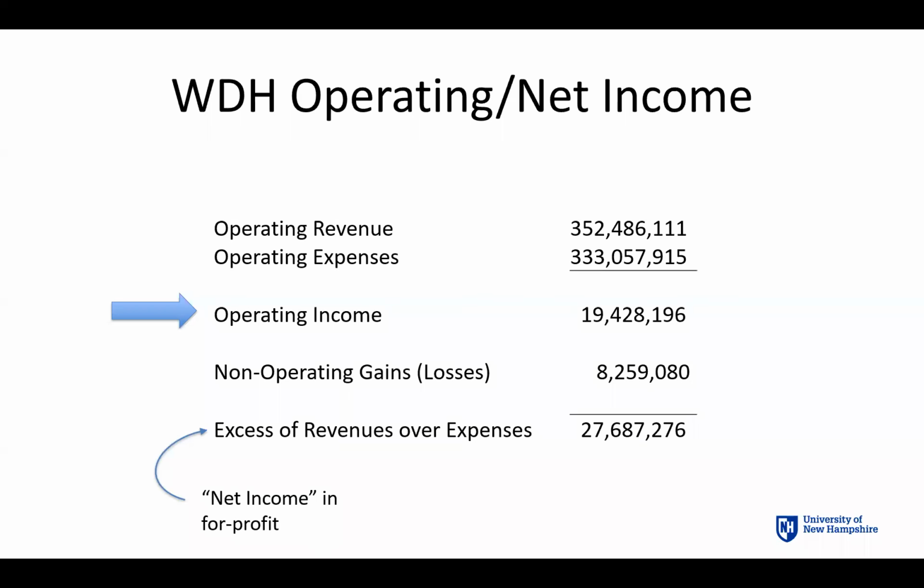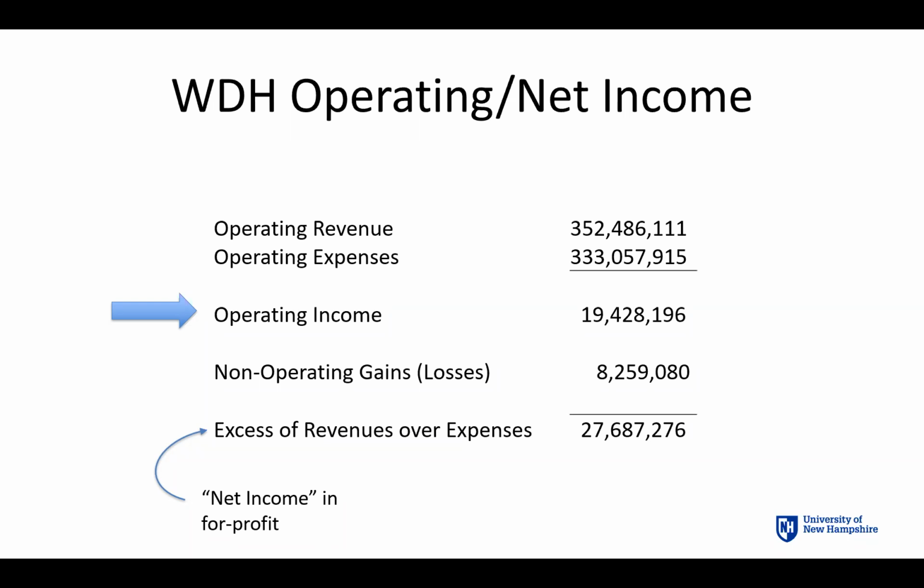Operating income is a measure of how effective the organization is at generating income from its core business. Then you have your non-operating gains and losses. This is stuff that isn't necessarily predictable, but more importantly, it isn't directly related to the core business of the organization.